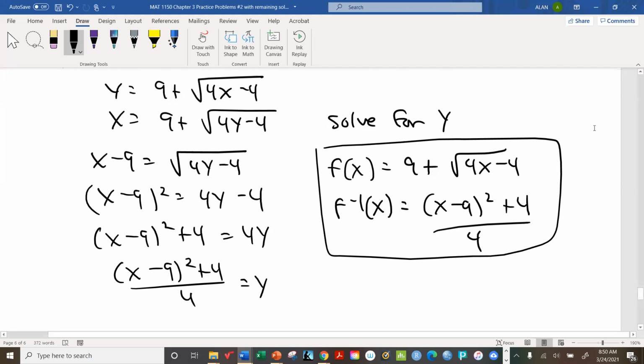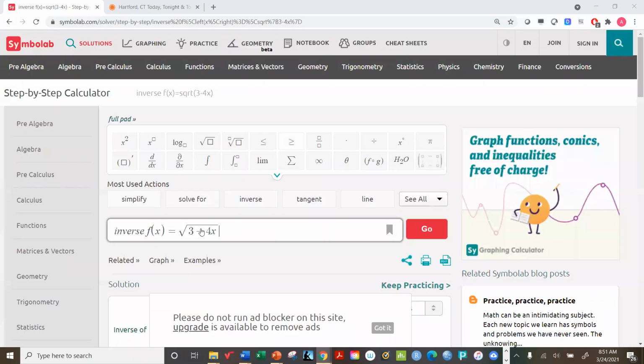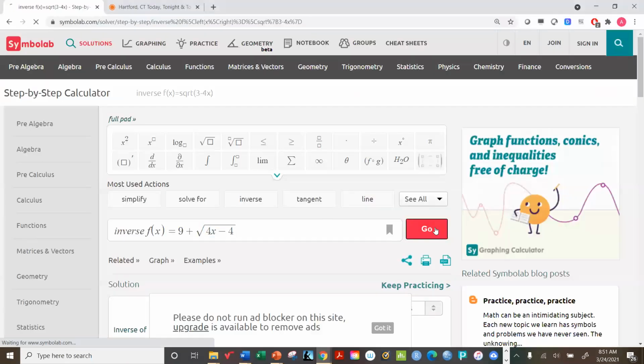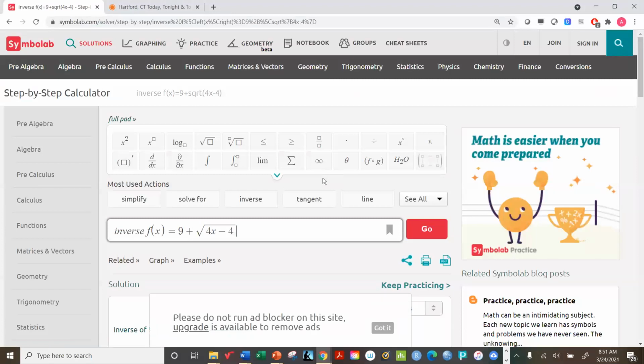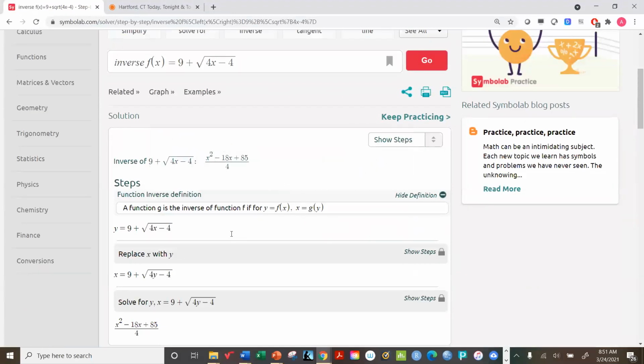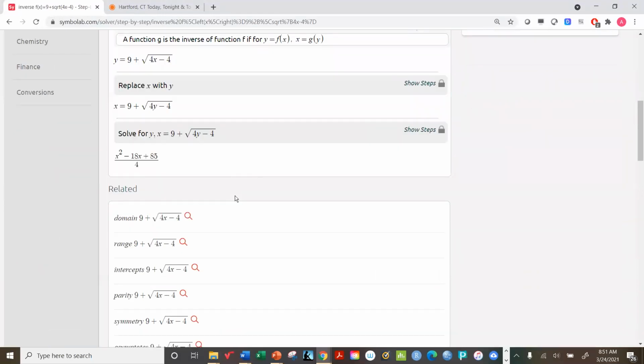Okay, let's check it out. 9 plus radical 4x minus 4. Okay, let's see.